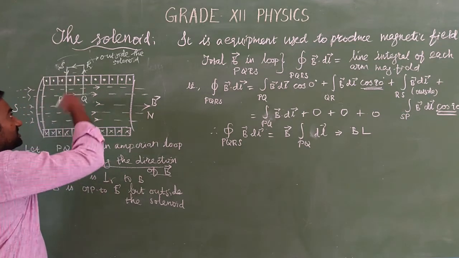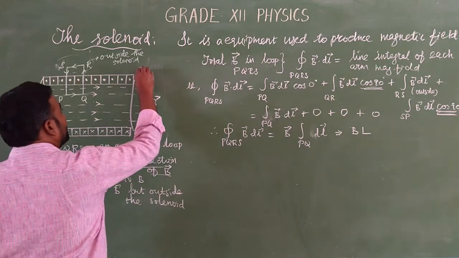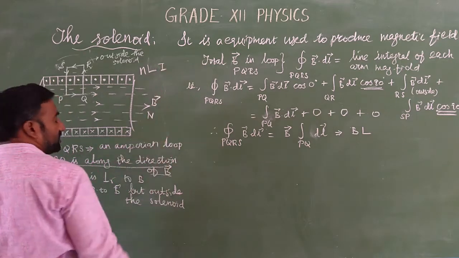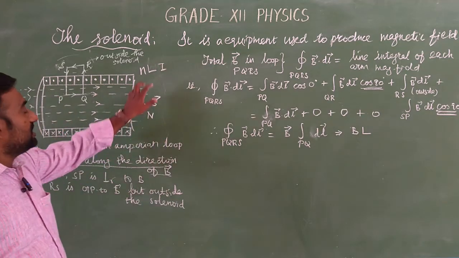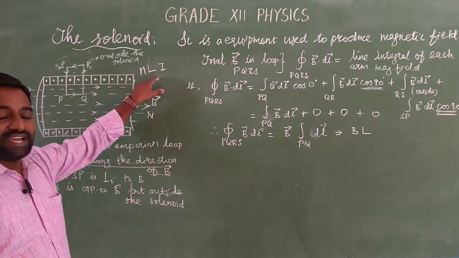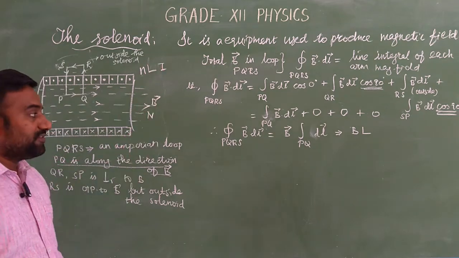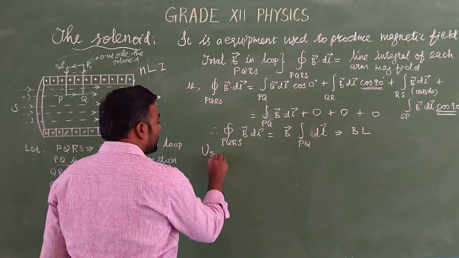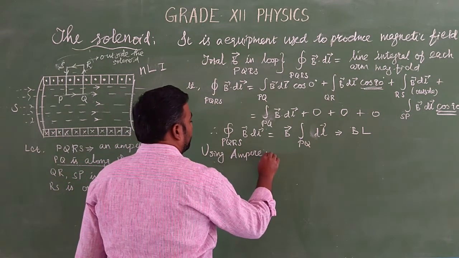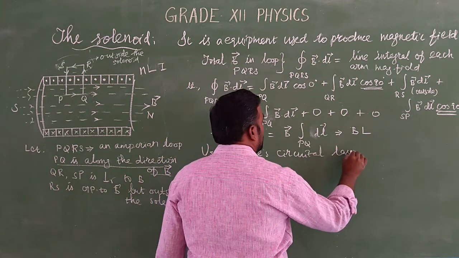But how many turns the solenoid has, we don't know. So the number of turns in the particular length of the solenoid in which the current is entering is what gives the total current enclosed by the loop. Therefore, which rule can we use? Using Ampere's circuital law.